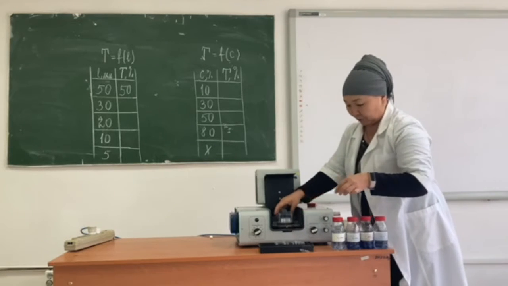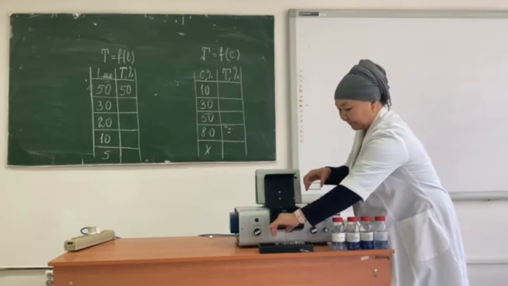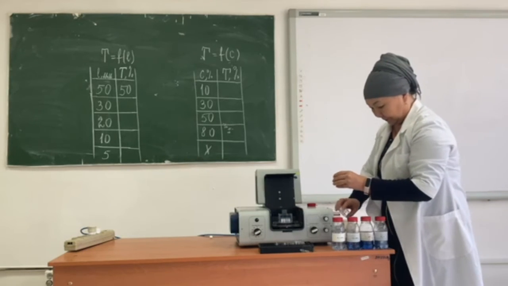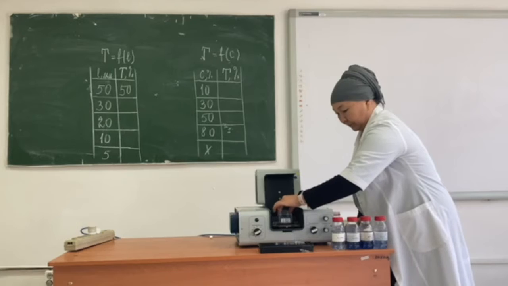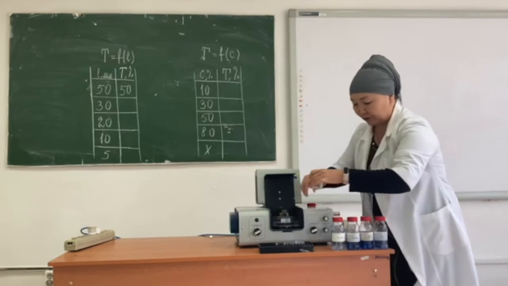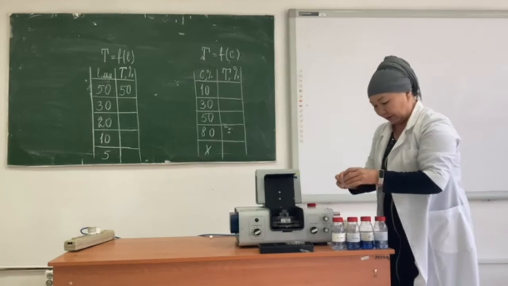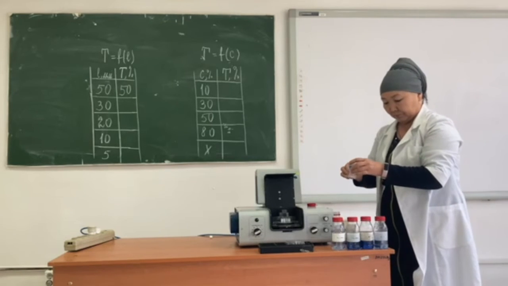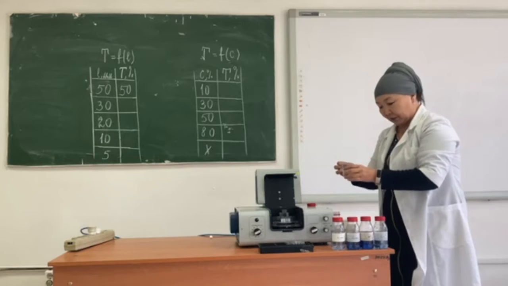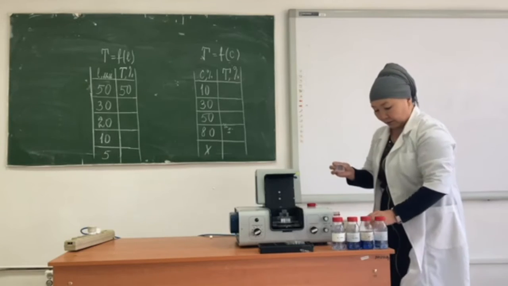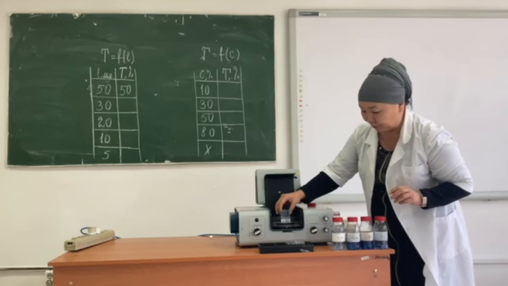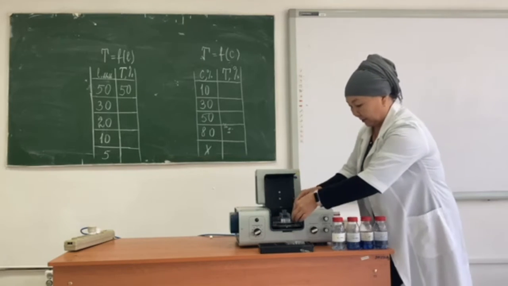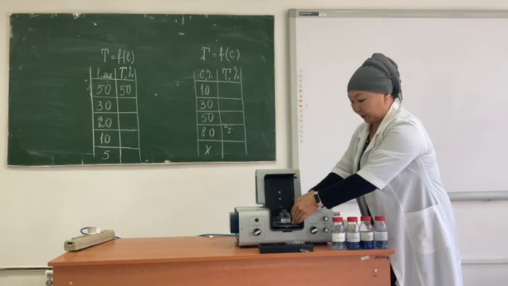Let's change the cuvettes. Let's take a 30 mm long cuvette. It is necessary to shake the bottle with the colored solution because after a while of being at rest, the paint particles settle on the bottom of the vessel and the concentration of the solution changes.